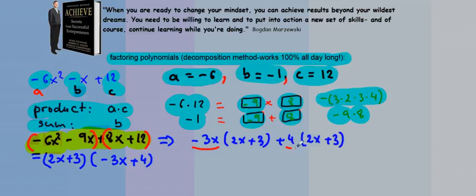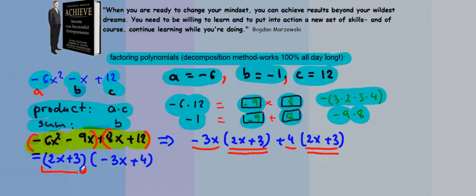Then positive 4 common factor from group number 2. And the second binomial that you create is identical to the first, 2x plus 3. So once you see that you get a new factor, 2x plus 3 in our case, which is common for both, then this factor is being pulled outside.